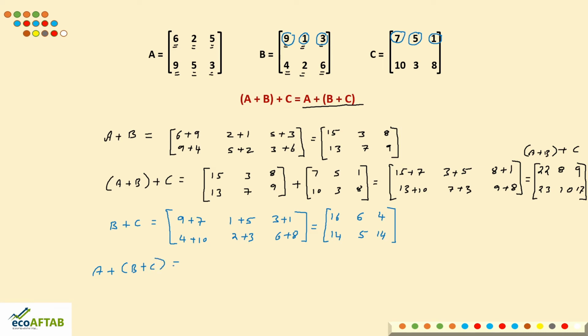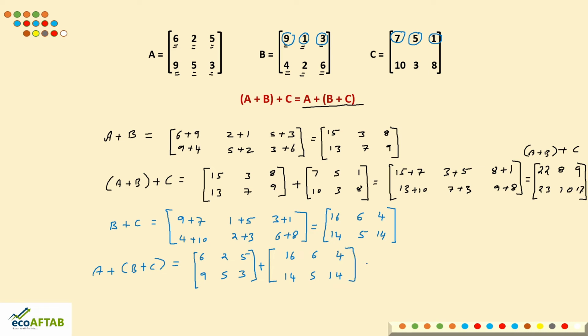So what is A? We are having 6, 2, 5, 9, 5, 3. So this we are adding it up with 16, 6, 4, 14, 5, 14.